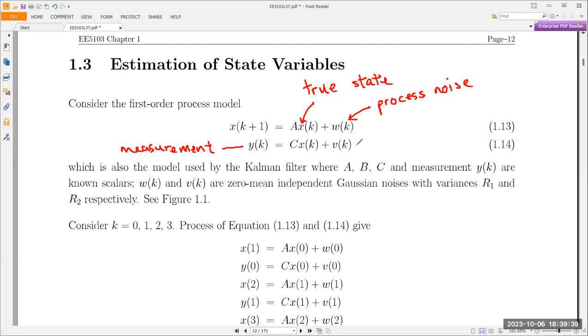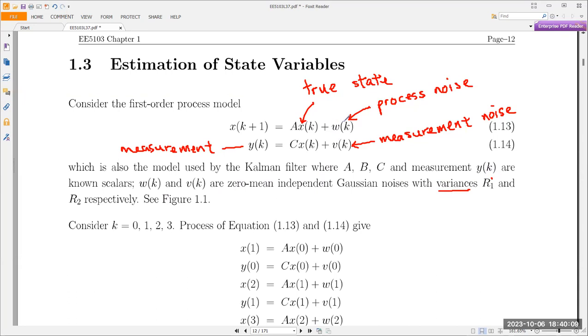V is called measurement noise. R1 and R2 are the variances of the noise.